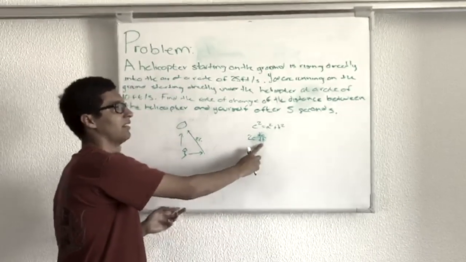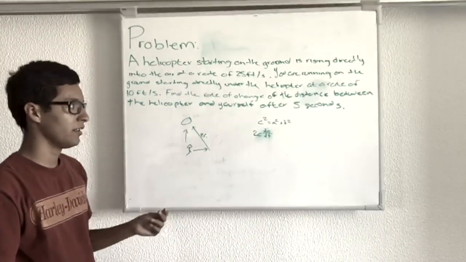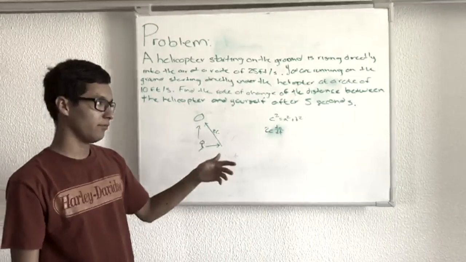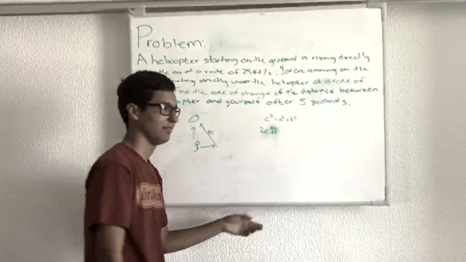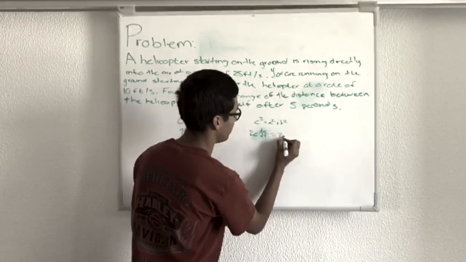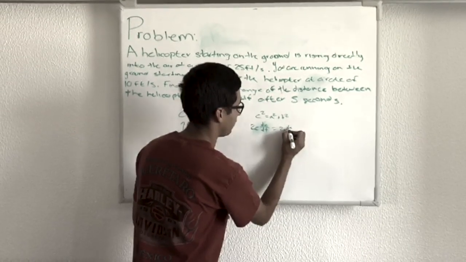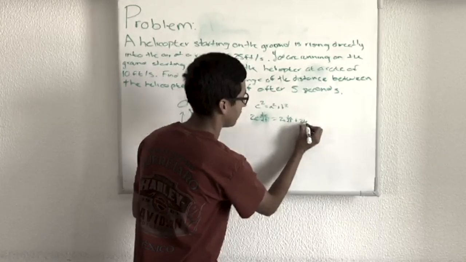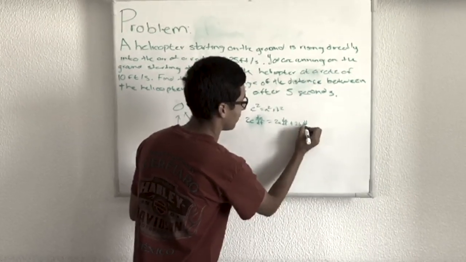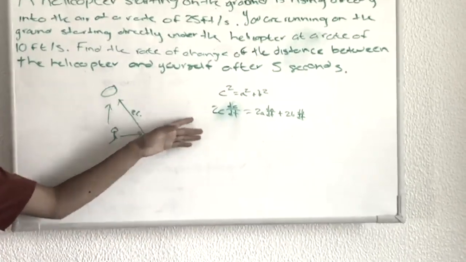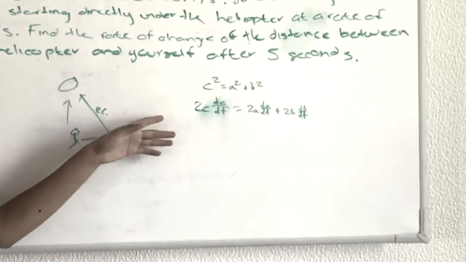This part means the rate of change of the distance c, which is related with time. And this one is the first derivative, which we are gonna use for this problem.